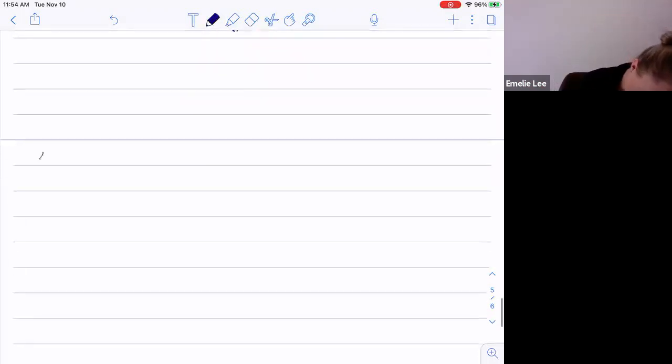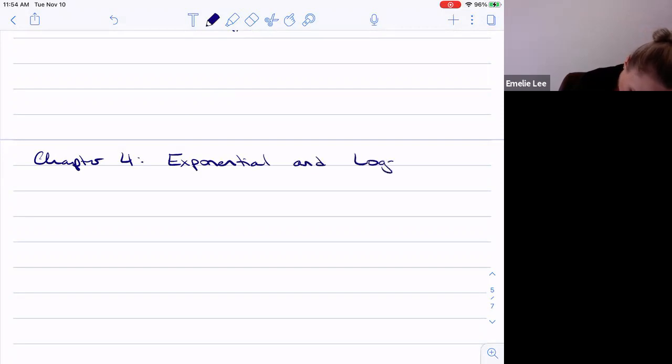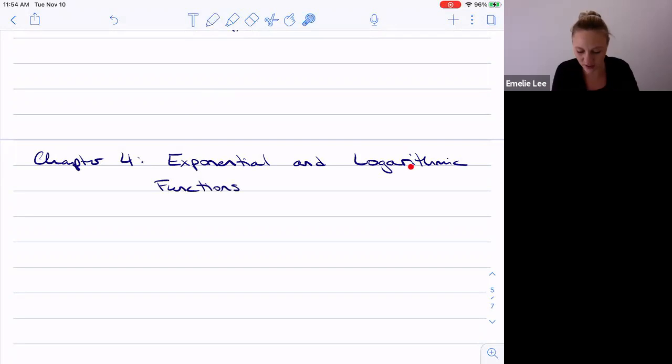So chapter 4 is on exponential and logarithmic functions. I have to really focus when I write logarithmic, because I always want to squish it up, but logarithmic.